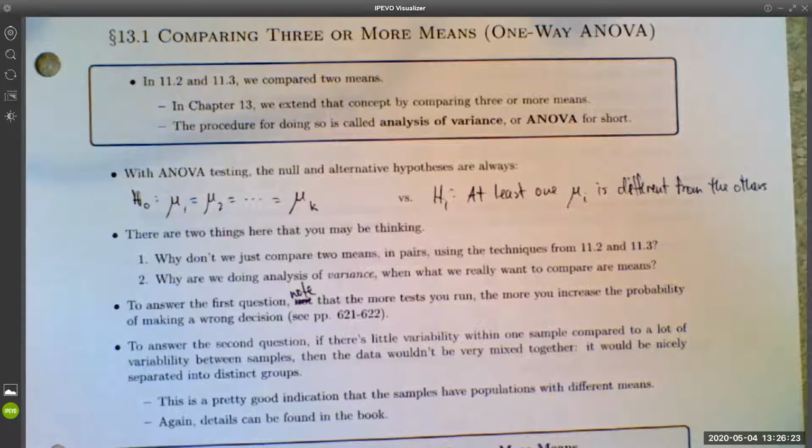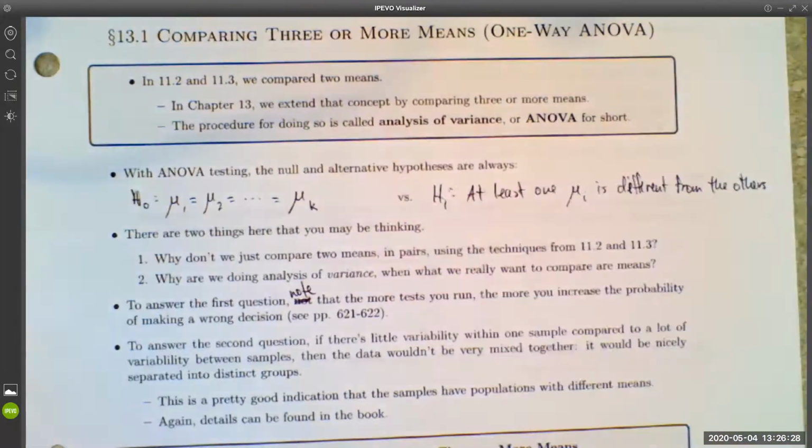And the other thing is that would require a lot of tests. If you were comparing four means, for example, you'd have to run 6 tests. You'd have to compare mu1 to mu2, mu1 to mu3, mu1 to mu4, mu2 to mu3, mu2 to mu4, and then mu3 to mu4, right? Whereas with an ANOVA test, you can just do it all at once in a single test. So that's to answer the first question.